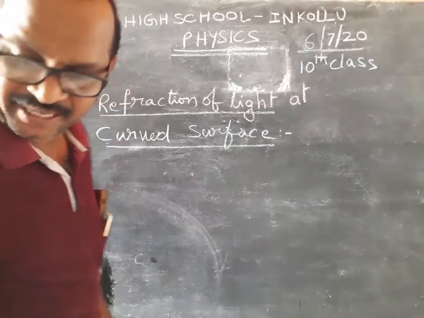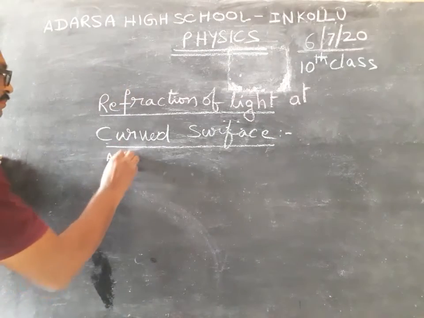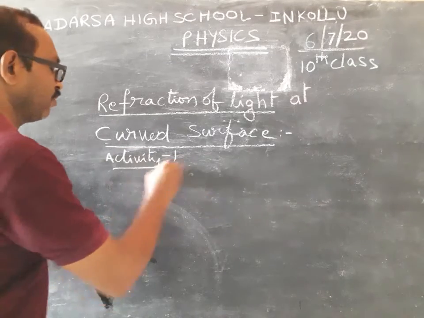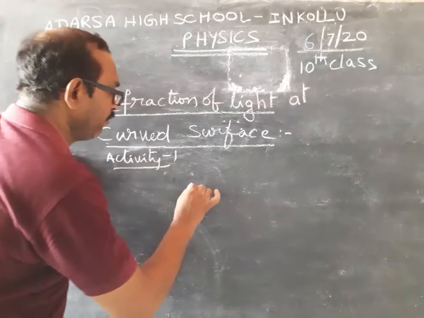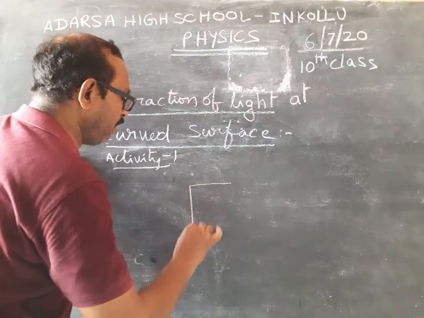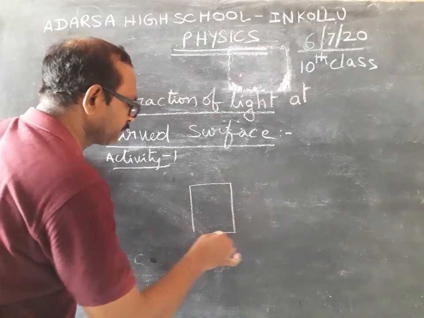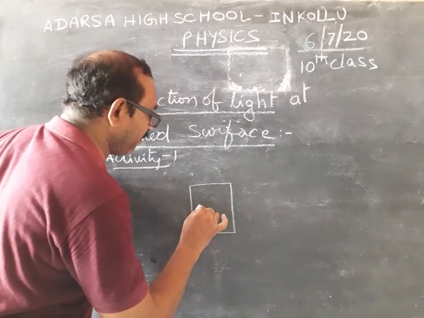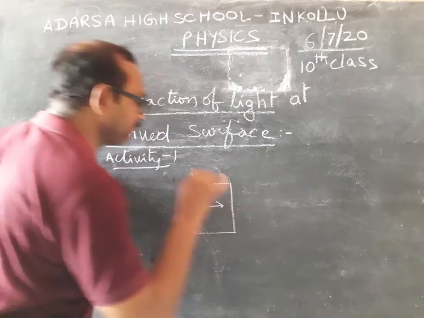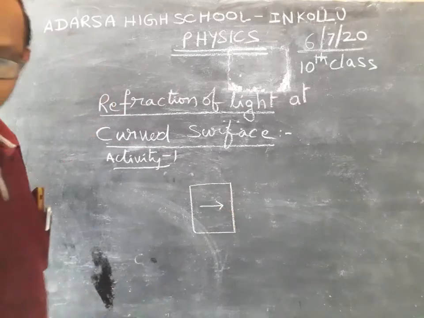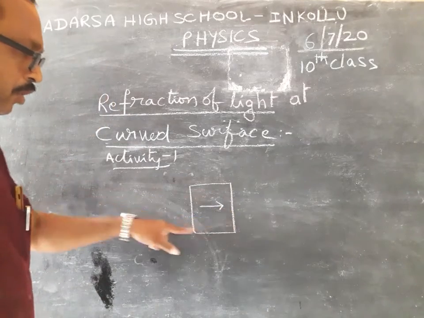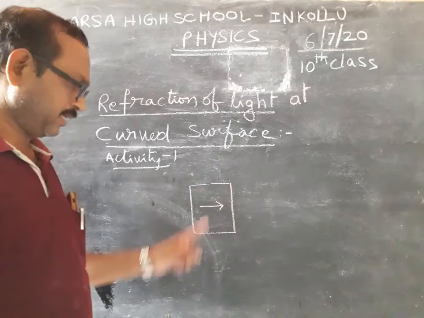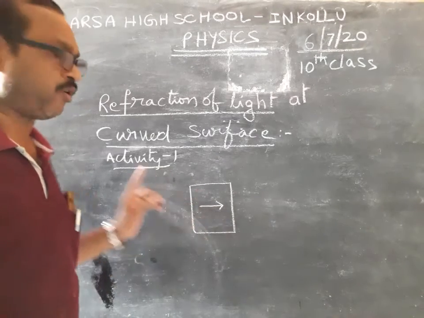Activity 1. First of all, we have to take a small cardboard. You have to draw one arrow mark with the help of a black marker. This is the cardboard. Draw one arrow mark.